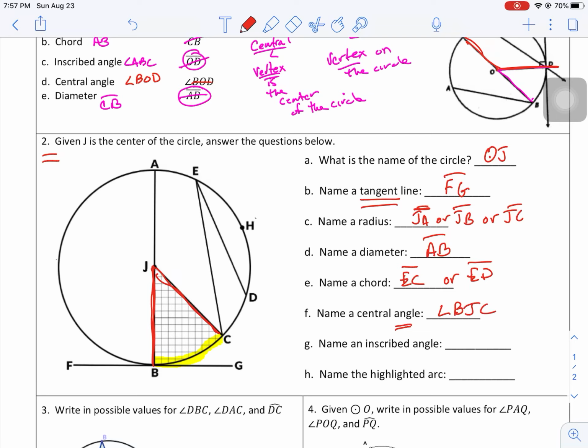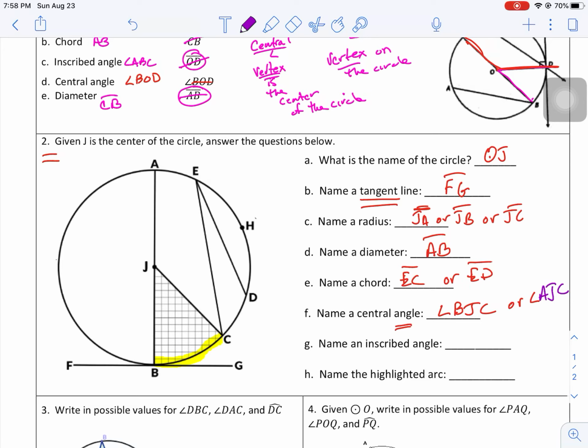Angle BJC. Notice the vertex is the middle letter, okay? I could have had, or angle, let's do a different color here, AJC. Either one would work for me, okay? Clean that up.